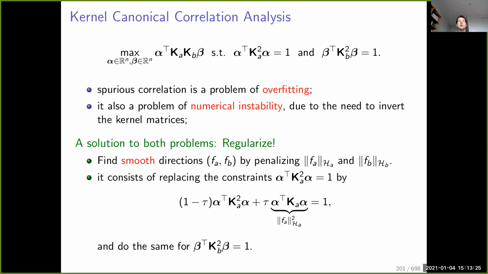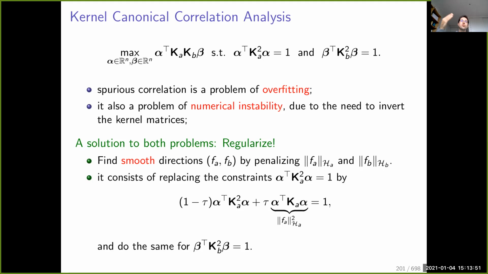But in fact, remember that from the start of this class, we are not interested in any function in some RKHS. We are interested in smooth functions. And I can tell you that if you take a smooth function fa, you will not find a smooth function fb in the other RKHS that maximizes the correlation if fa has nothing to do with the data.